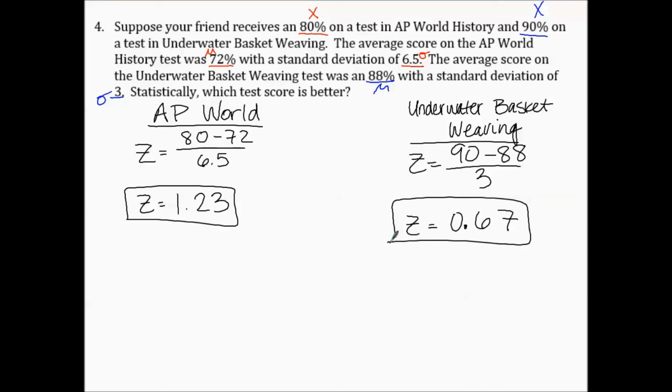So statistically, which test was higher above the mean? Well, that would be AP World History. So compared to the other students in that class, your friend did better on the AP World exam than they did on the underwater basket weaving test.